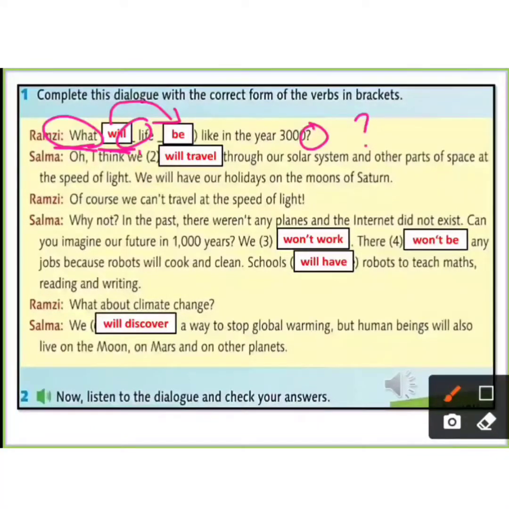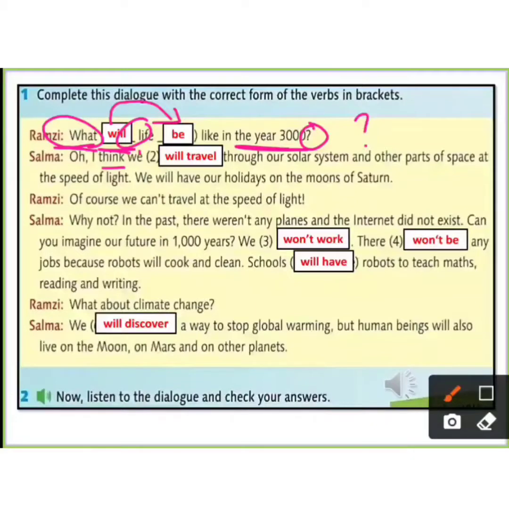What will life be like in the year 3000? كيف رح تكون الحياة in the year 3000؟ إذا in the year 3000 قلنا again هي indicator دلالة for future للمستقبل. Let's look at the answer. سلمى. Oh, I think اعتقادها because this is a prediction. هالتنبؤ مبني على اعتقاد ودليل رأي.